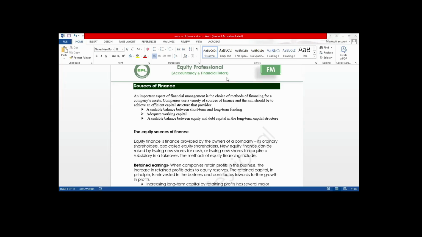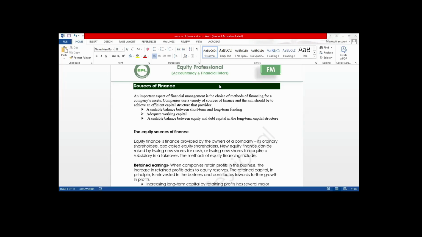A company can use equity financing. Companies also use debt financing. Under debt finance, a company can use short-term debt finance, medium-term debt finance, or long-term debt finance.